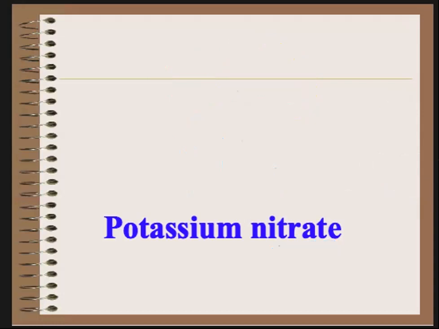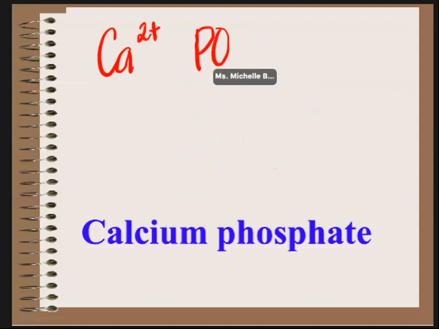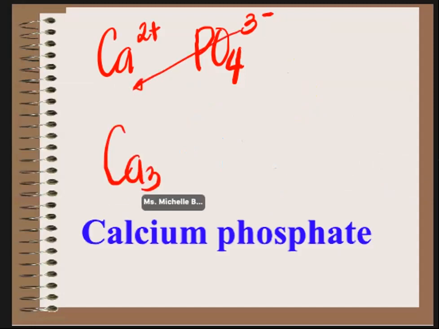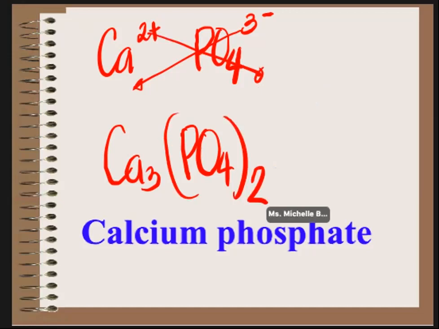Let's have another example. Calcium phosphate. We have Ca positive 2 and phosphate, look at the list there, PO4 3 negative. We cross, Ca3, we copy PO4. It's more than 1, therefore we place the parentheses. Why?